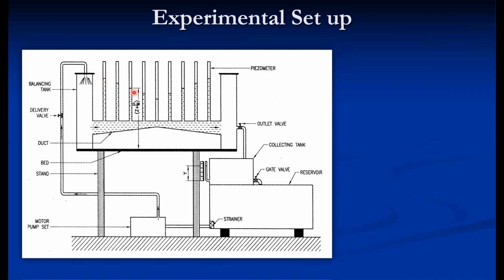The pressure is lowest at this particular section, and further as area increases, velocity decreases, so pressure increases. This is the variation of pressure along this non-uniform converging-diverging section. This way we can measure the piezometric head at various sections.